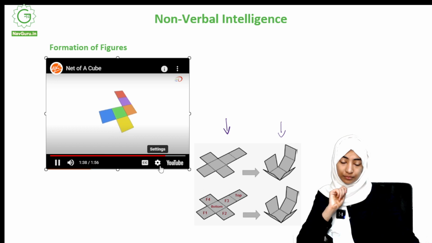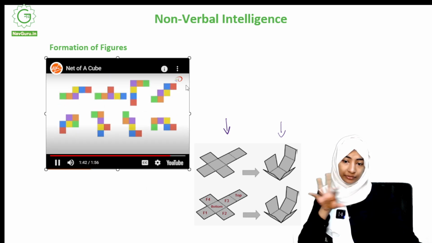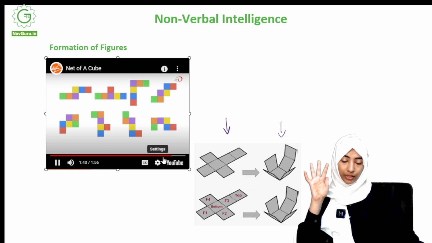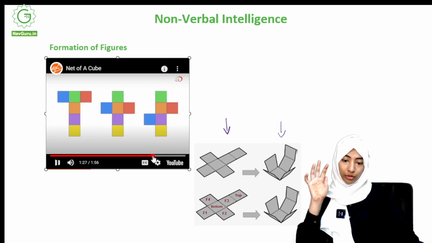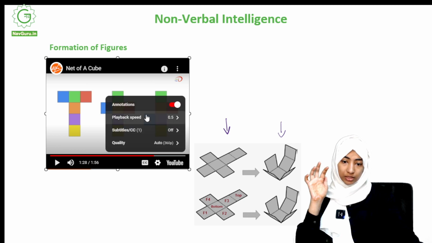Here this cube is not able to be formed. So there are different types that you can look at. This is basically what I wanted you guys to see. I'll just play it at an even slower rate. Let's do 0.25.